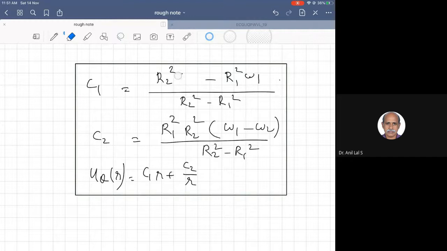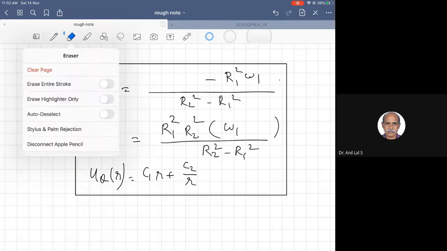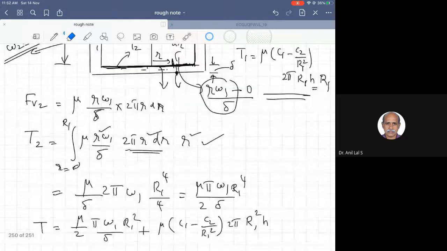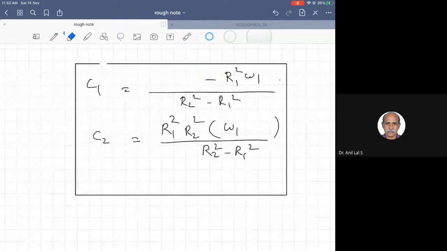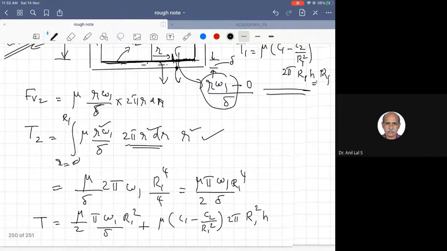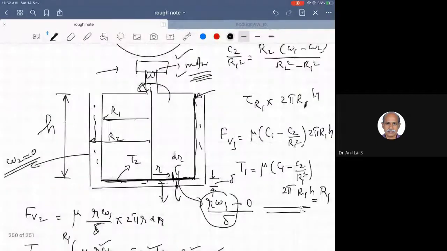So we will have this kind of an equation. We won't require the Newton equation for this problem. So C1 and C2 are to be substituted, where C1 is equal to this and C2 is equal to this, because we assumed this for this particular application.